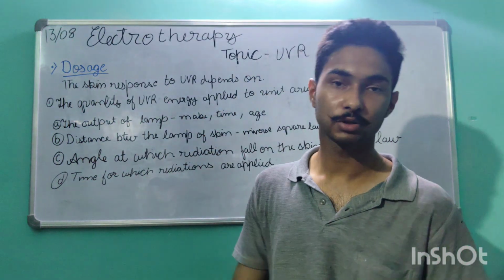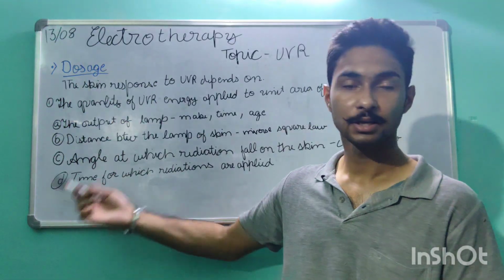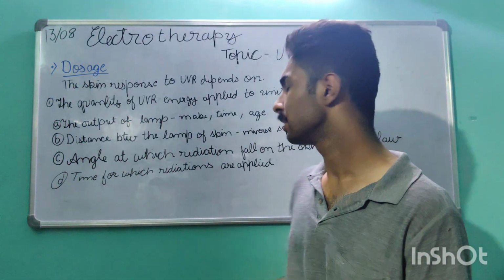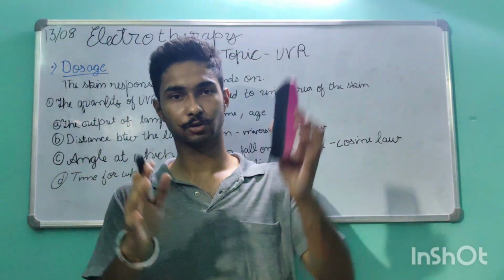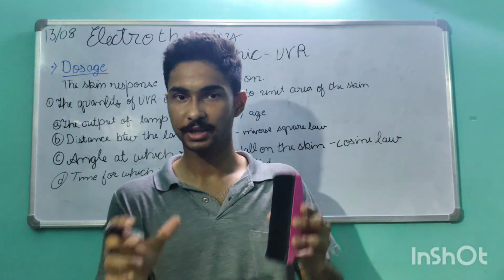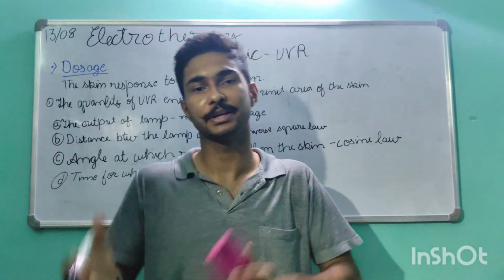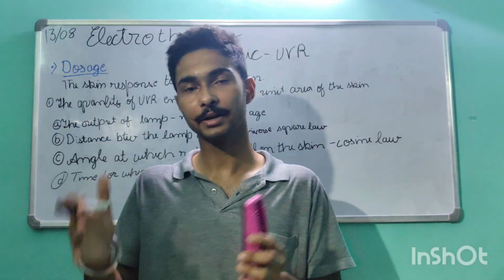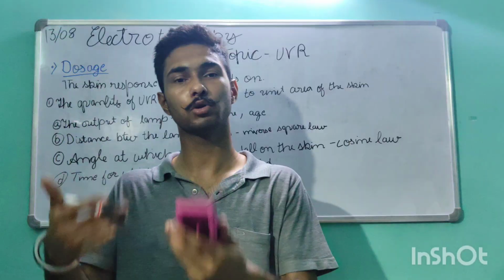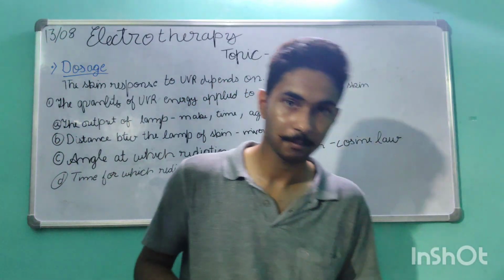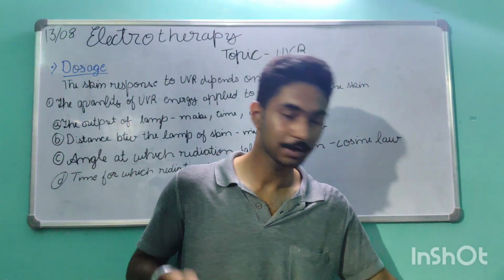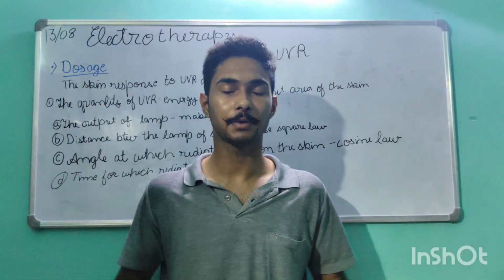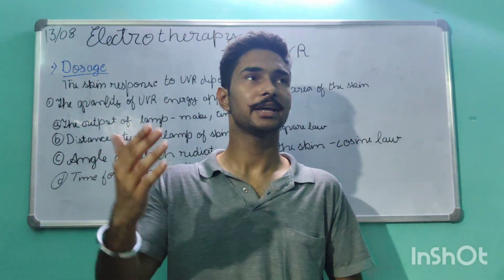And after that we go to the fourth sub factor, the time for which radiation is applied. As you know, it should be a specific distance, a specific angle, and also a specific time, because UVR gives you the treatment and outcome for the pain you want treated, but it also has many disadvantages.